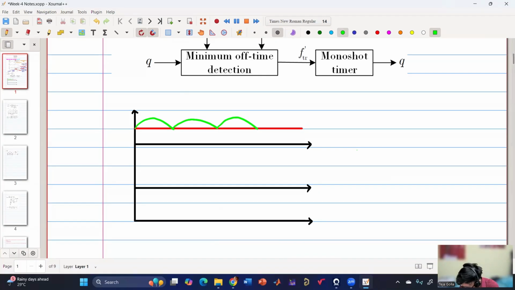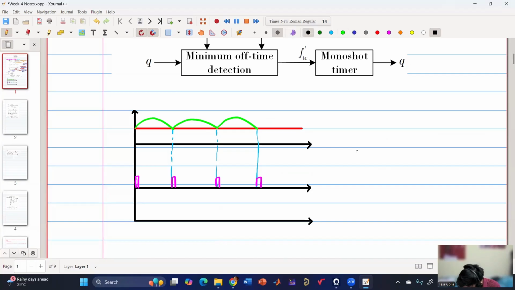So whenever this is touching, I will get a trigger pulse, right? So here there will be one trigger pulse, here one, here one, here one.